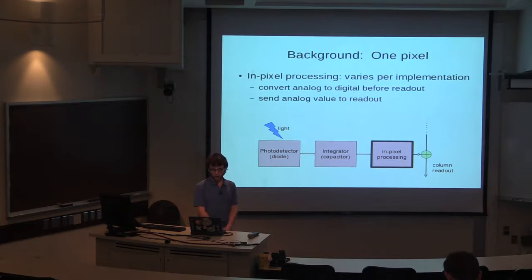The in-pixel processing usually ends up going one of 2 ways. Either you can convert the analog signal coming out of the integrator, because it's a pretty analog component, into a digital signal and then push it down the pipeline over on the side, or you can send down all analog signals.